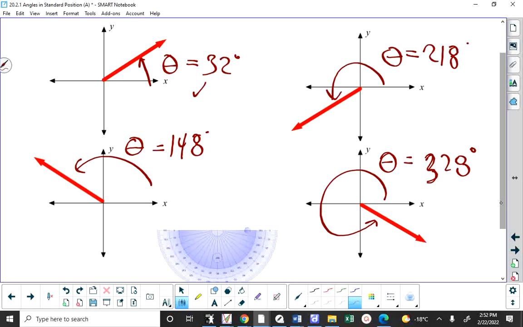Is 180 minus 32 148? If it's in quadrant 3, 180 plus 32 would give me the rotation. Is 180 plus 32 218? And if it's in quadrant 4, I could take 360 minus 32 and get 328.